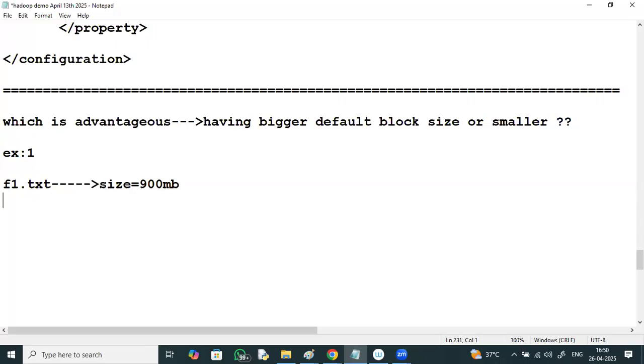The block size I'm setting to, for example, 500 MB. By default the block size is 128 MB as Hadoop has given, but it says you can also keep your own block size. If I'm keeping 500 MB, is it advantageous or disadvantageous?